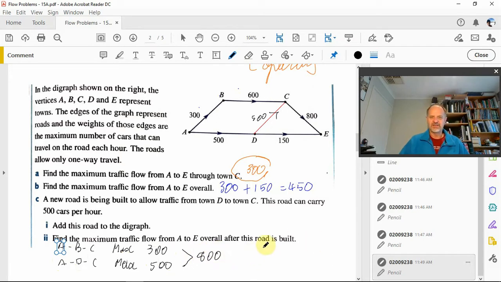And seeing as C to E can cope with 800, okay, from C to E, we can therefore carry 800 cars.